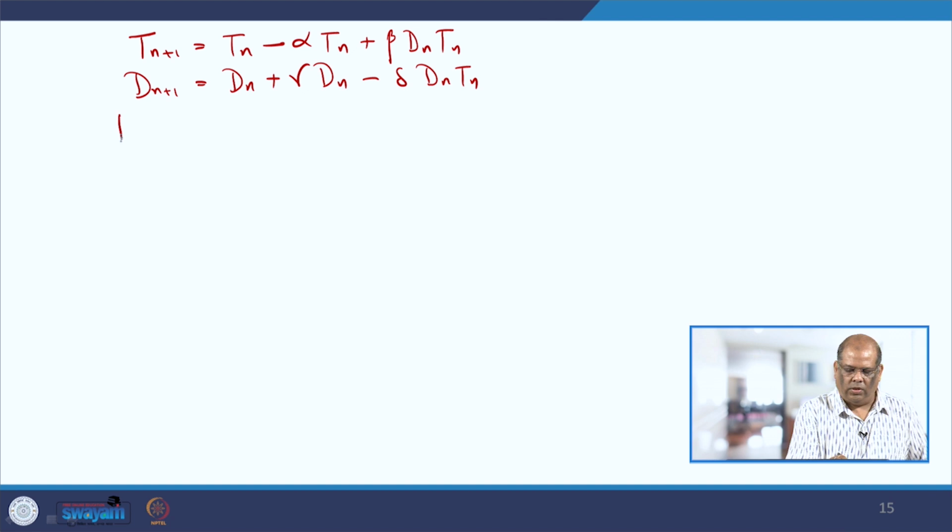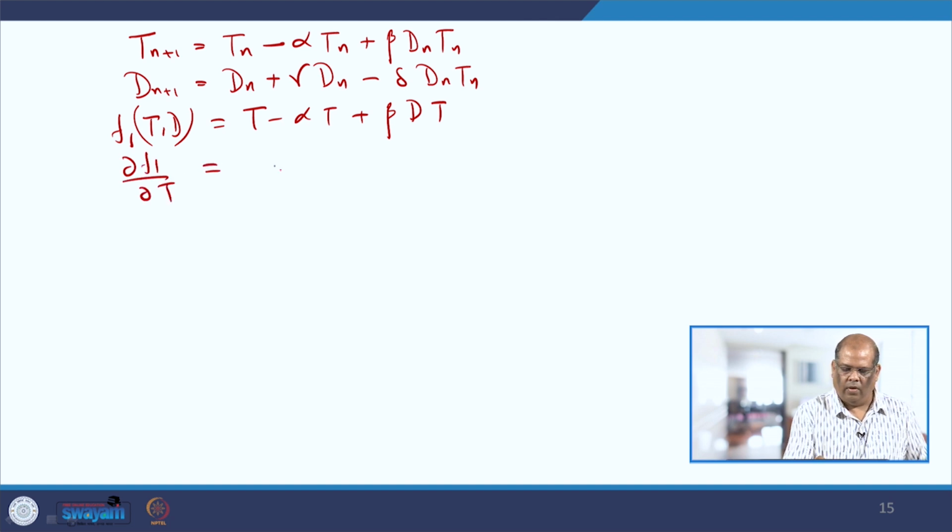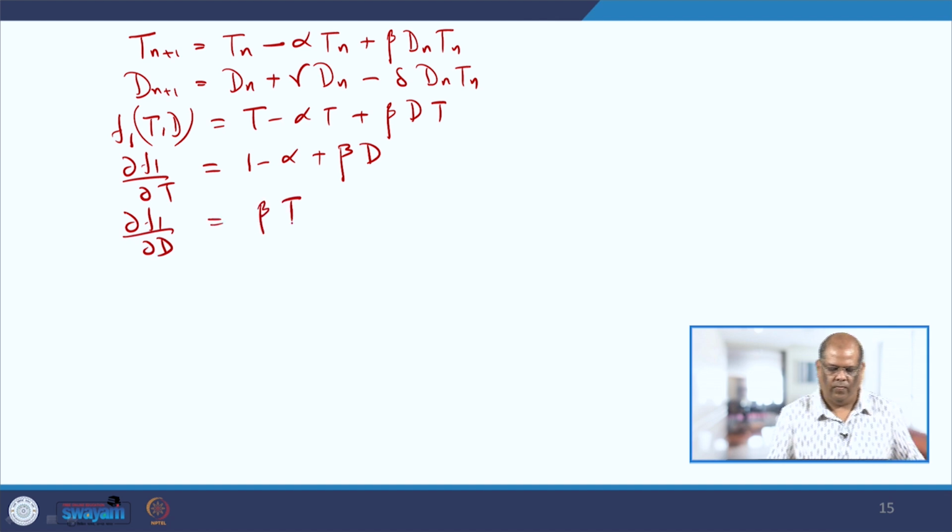So I put some F1 of T, D is equal to T minus alpha T plus beta D T. So this will give del F1 del T, which is 1 minus alpha plus beta d, and del F1 del D, which is beta t.